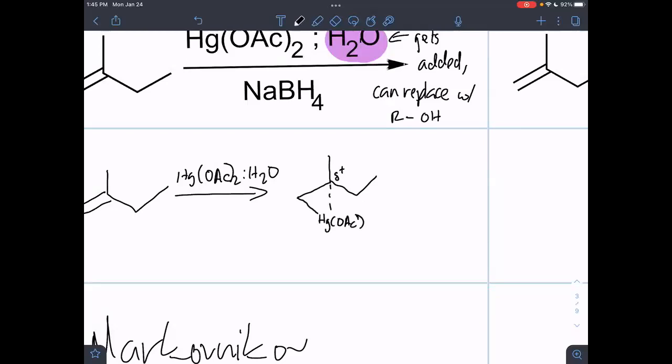And now we have an electrophilic carbon because it's delta positive. So now our nucleophile, our water, comes in and attacks that.